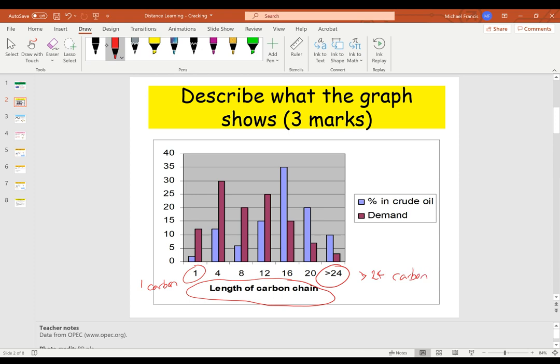As we go from left to right along the x-axis, the chains are becoming longer. The blue bars represent the percentage that is actually found in crude oil. And the demand is how much we need or want. When we're looking at the demand, it's basically how useful it is.